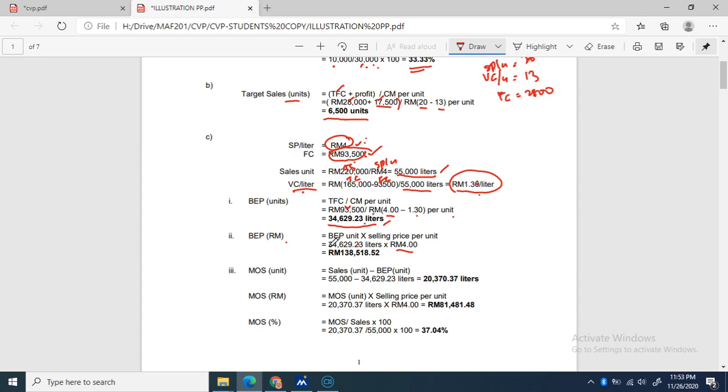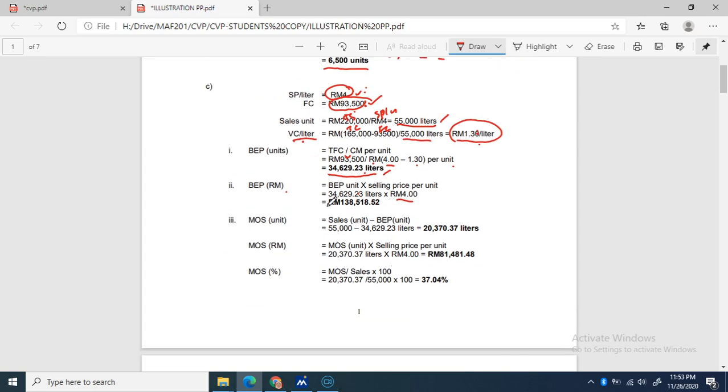Number two, margin of safety. Margin of safety in units means the sales units 55,000 minus BEP in units 34,629.23 liters. So you get MOS in liters 20,370.77 liters. MOS in RM, so MOS in units times the 4 ringgit selling price per unit, so you get 81,481.48.